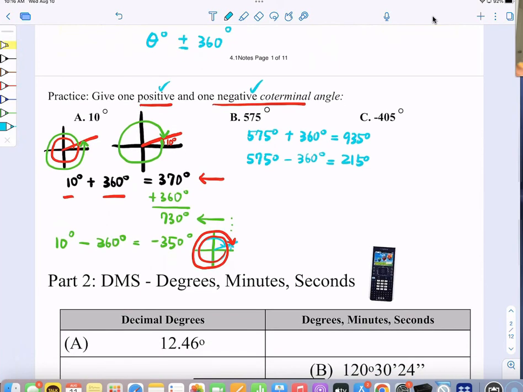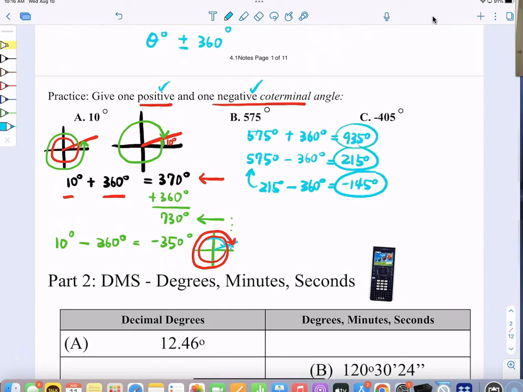No, because it's positive and a negative, but you only still have positives, right? So what must I do to get a negative? Because if I keep adding 360, I'm going to keep getting more and more positive, right? I should take this 215 here, which is coterminal with 575, but keep subtracting 360. I know that's what you were thinking too. So I got negative 145, and I have a negative, I have multiple positives, okay?